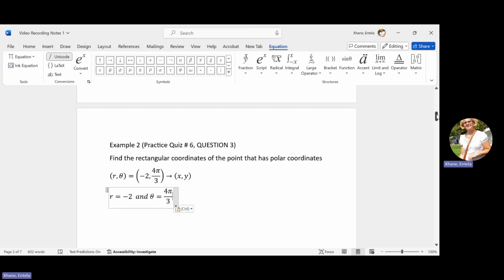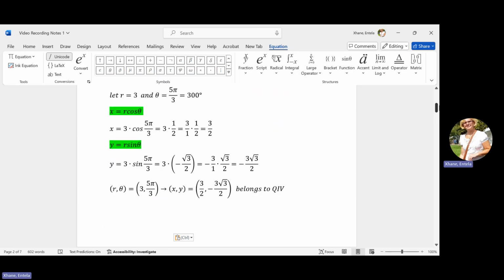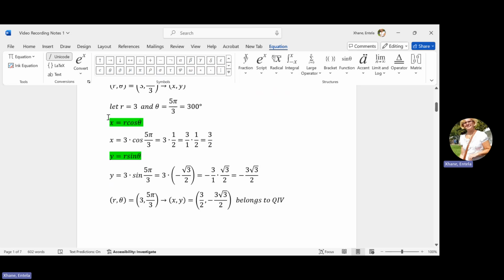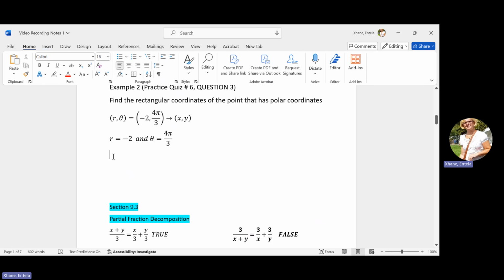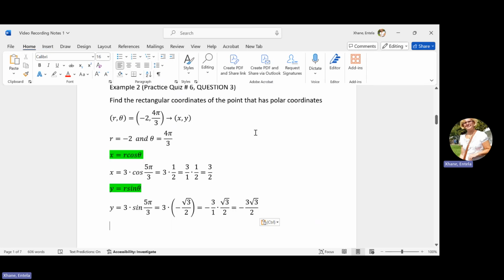What we do in this case, I'm going to copy and paste the previous computation and then adjust it to make it easier in terms of typing, adjusting accordingly based on the new numbers. Same formula. What is given is a polar coordinate, r and theta, and we're trying to get x and y. The formula for x is r multiplied by cosine of theta.